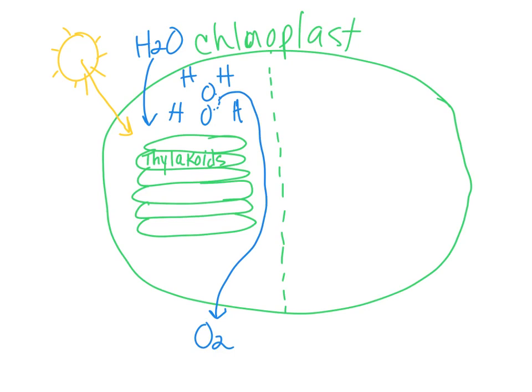Now, also inside here, we've got electrons. I'm going to just draw an E with a negative behind it. And this also is where we have our electron transport chain happening.